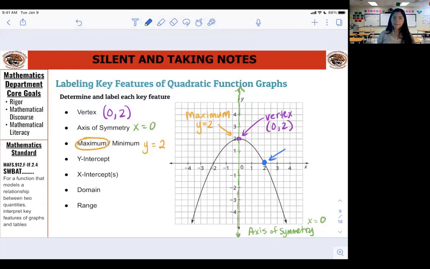The y-intercept is where x equals 0. So try again. Where is the y-intercept? Don't overthink it. Where is it crossing the y-axis? On 2. So it's not x equals 2. There you go. It's at y equals 2. 0, comma 2.